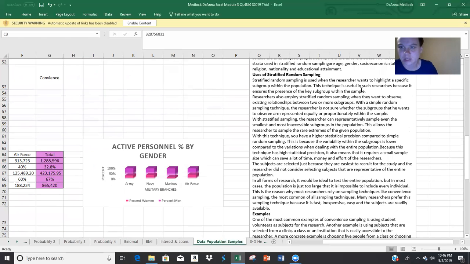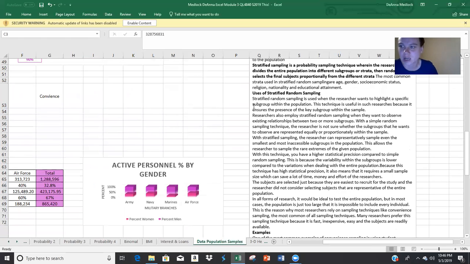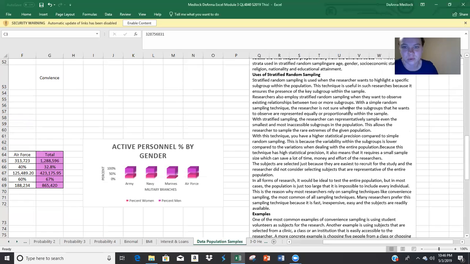Stratified random sampling is used when the researcher wants to highlight a specific subgroup within the population. This technique is useful in such research because it ensures the presence of the key subgroup within the sample. Researchers also employ stratified random sampling when they want to observe existing relationships between two or more subgroups.